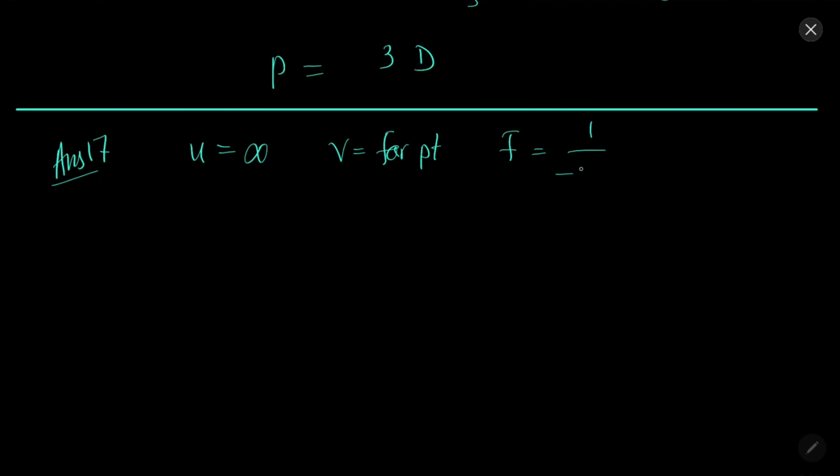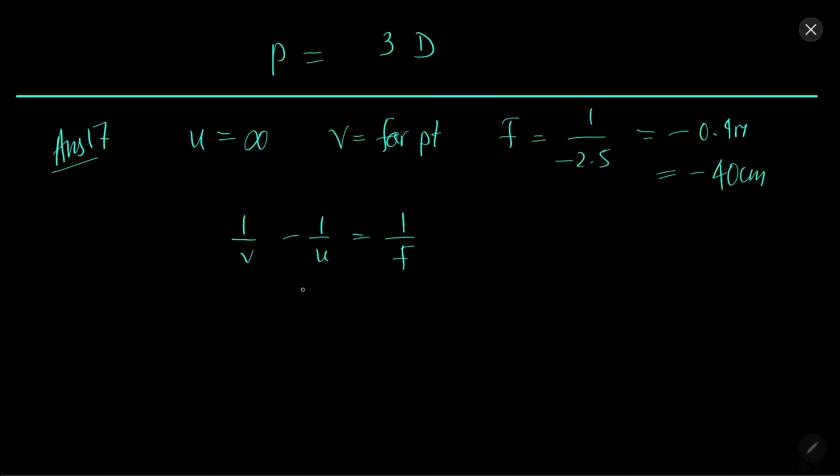F is 1 by minus 2.5 diopter, 0.4 meter or minus 40 centimeter. 1 by V equals 1 by U plus 1 by F, 0 plus 1 by minus 40, so minus 40 centimeter.